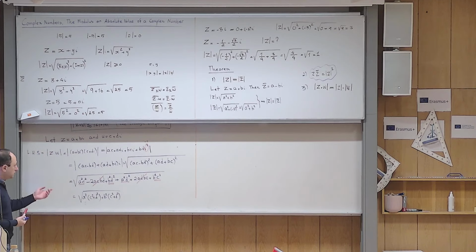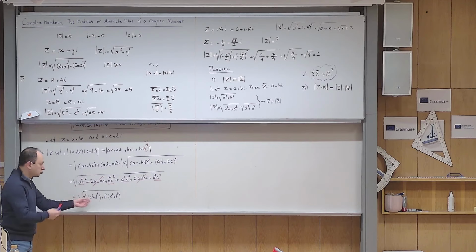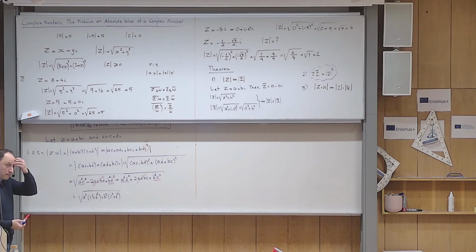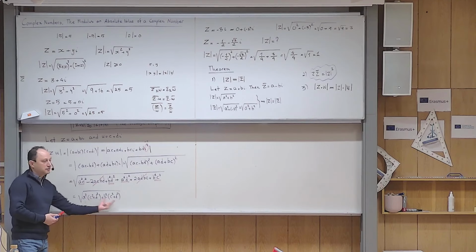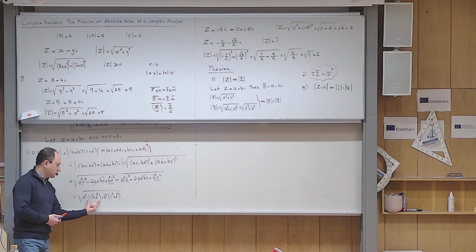Now you should see why it was useful to do this grouping. You need to factor this out, because this is now a common factor. I pull it out again.